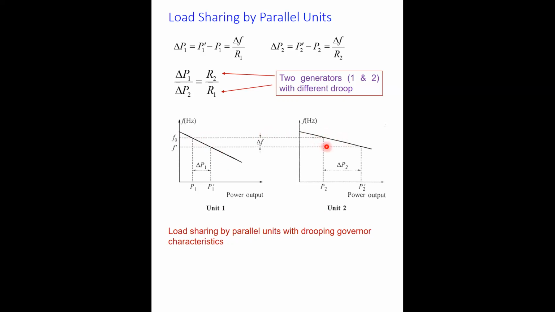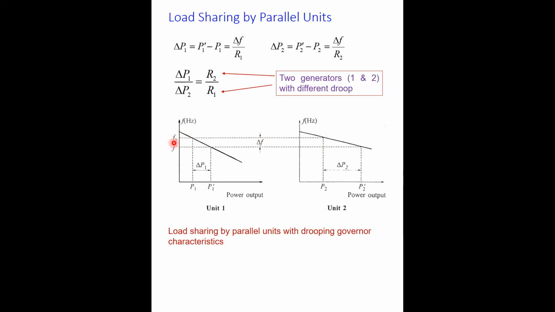A steeper curve you will get for a smaller rating of the generating unit. So a smaller size generator will have a steeper curve, but if you have a large size generator, then the curve will not be that steep. This is the nominal frequency here.